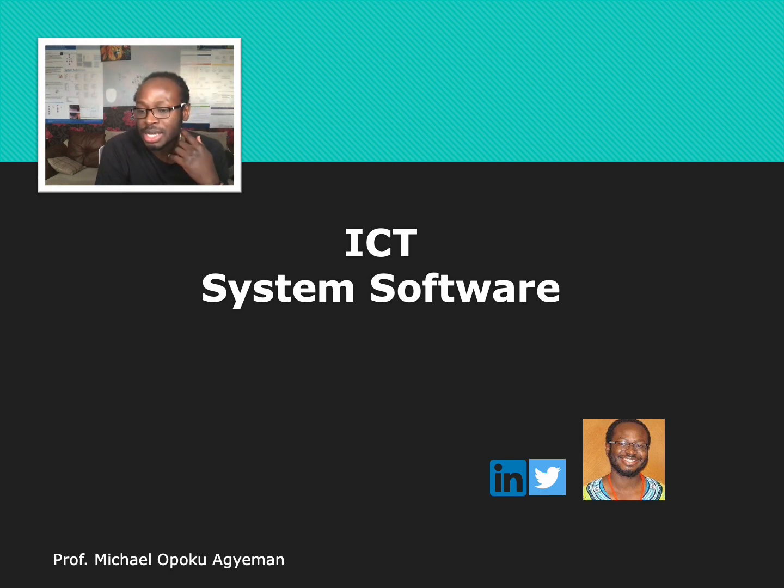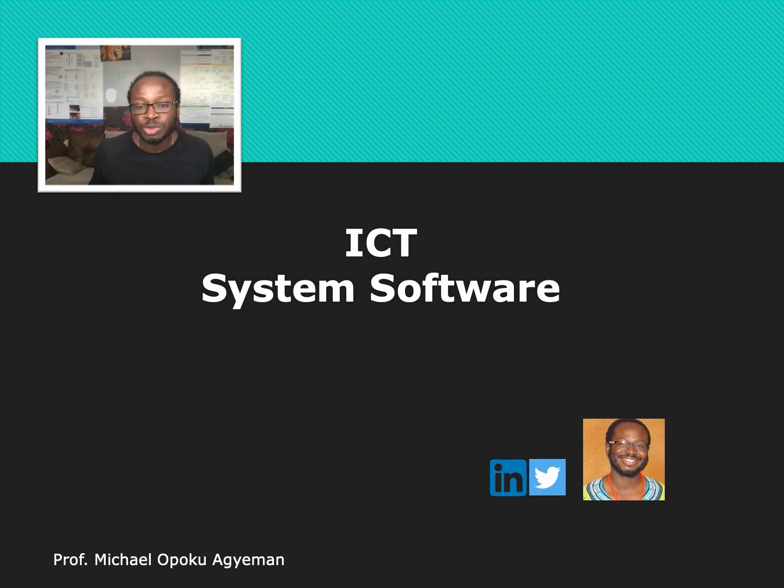And also for us to be able to use the application software easily, like PowerPoint, Microsoft Word, or Zoom, there is a software that sits between the hardware and the user applications. That software is called the system software.